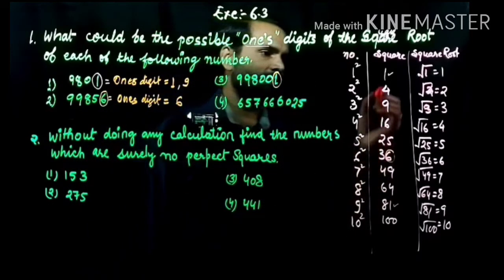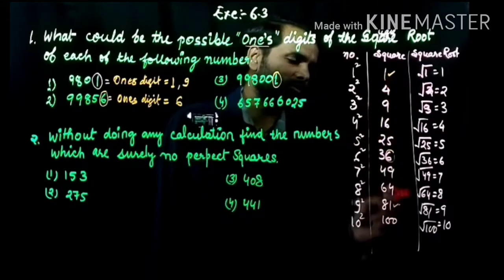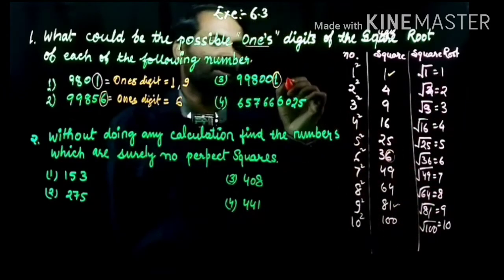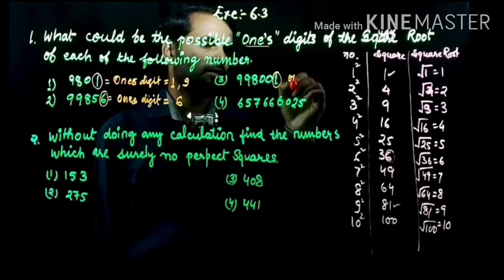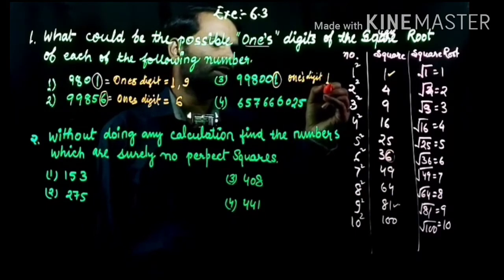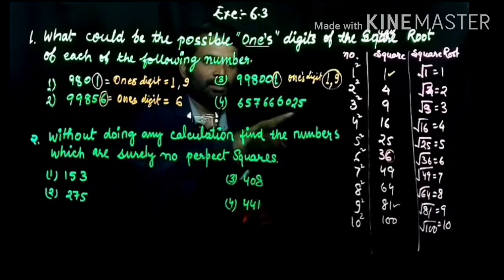Then again it will be 1 here and 81, the last unit digit is 1, so the square root is 1 and 9. The ones digit is 1 and 9. And the last is 5, the last digit is 5.